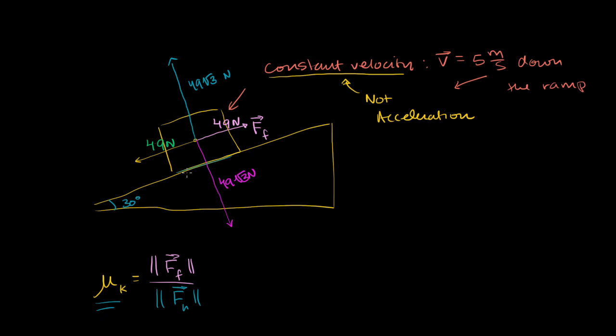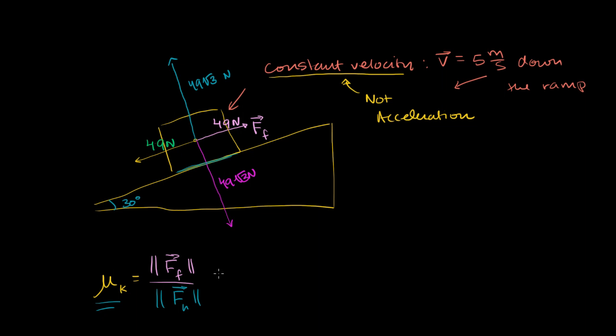So maybe this is a certain type of wood on a certain type of wood, or a certain type of sandpaper on a certain type of sandpaper, whatever you're talking about. And then you can use that to make predictions if the incline was different, or if the mass was different, or even if you were on a different planet, or if someone was pressing down on this block, that would change the normal force.